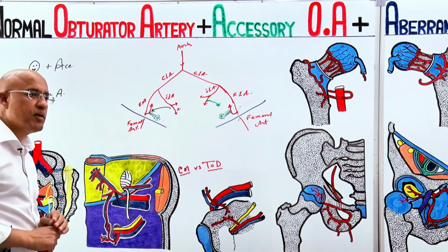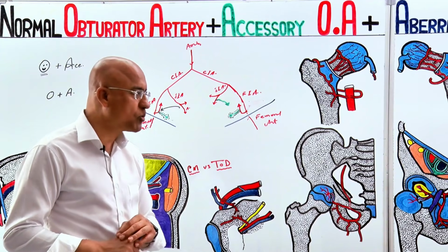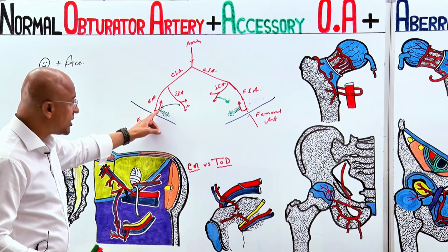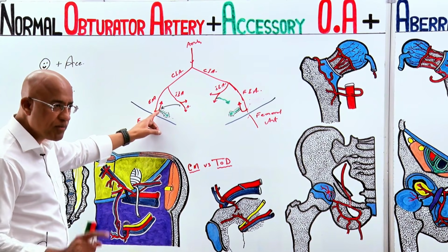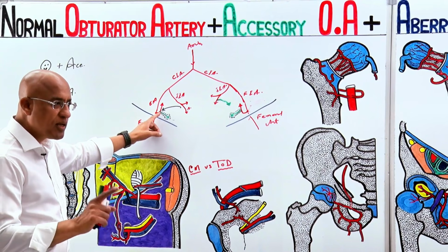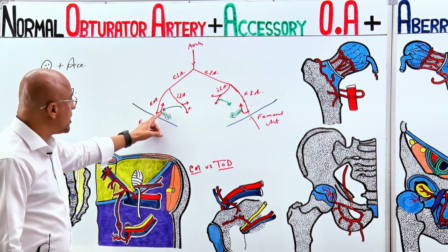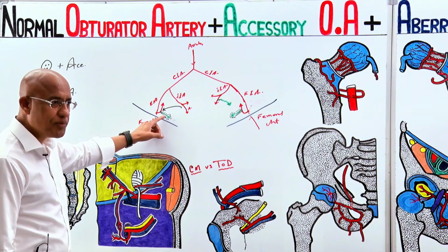Actually, you should remember, whenever the obturator artery takes origin from the external iliac artery, the external iliac system, it is going to be dangerous. We will call it cobra artery.